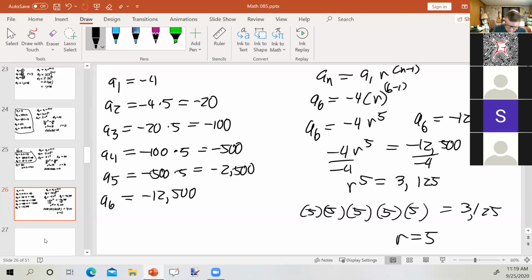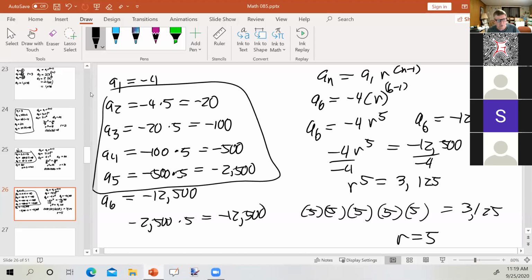Is that right? Yeah. And then a sub 6 should be -2,500 times 5, which if you check it out is -12,500. So there are our geometric means.